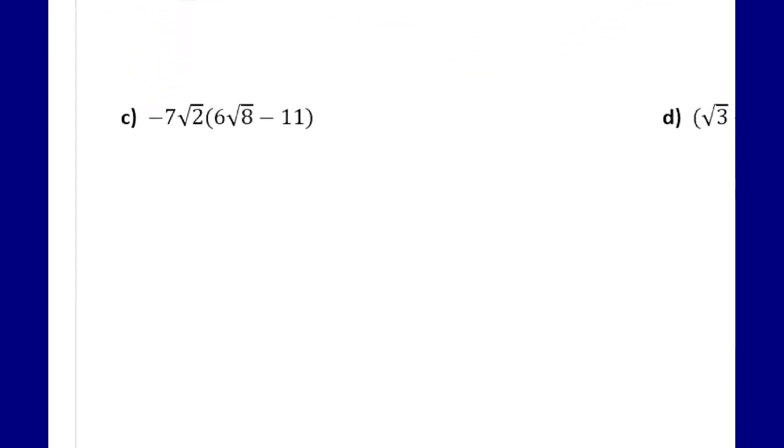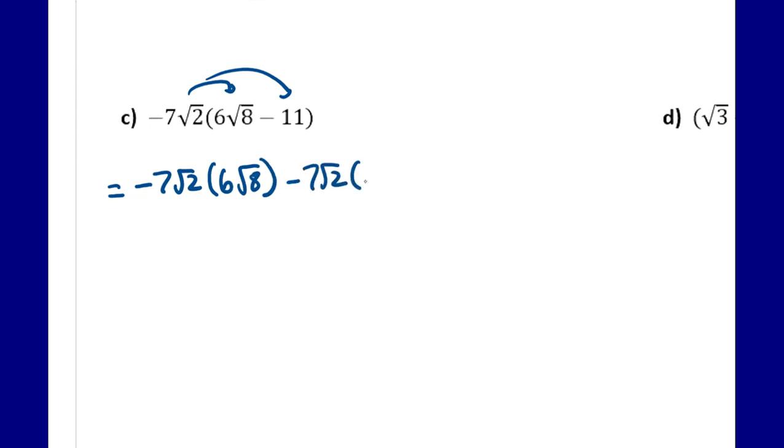Let's look at C. Same idea, distributive property, so I have to multiply to both parts. Take it one at a time. Negative 7, I'll break it down so we can see it fully. Negative 7 root 2 times 6 root 8. And then we have minus 7 root 2 times negative 11. Again, multiply your coefficients and your radicands if necessary.